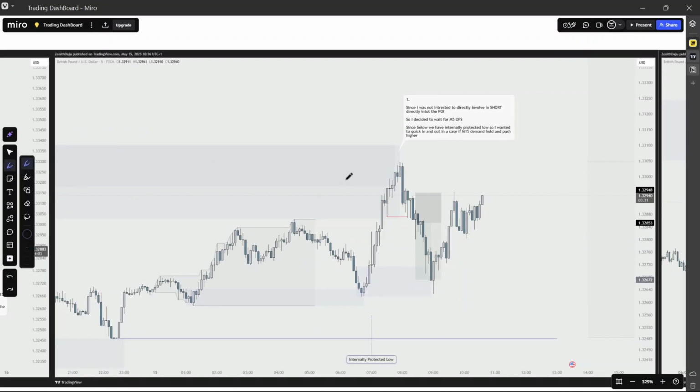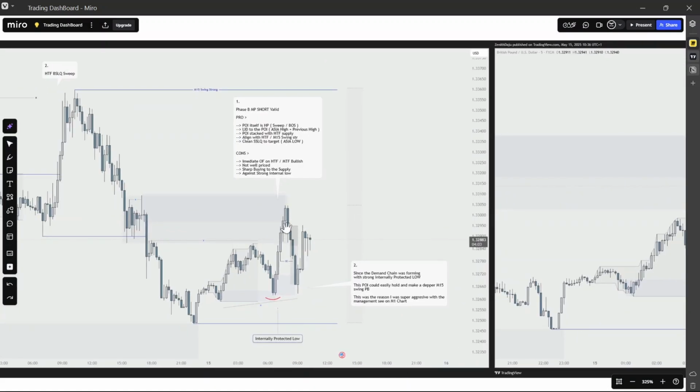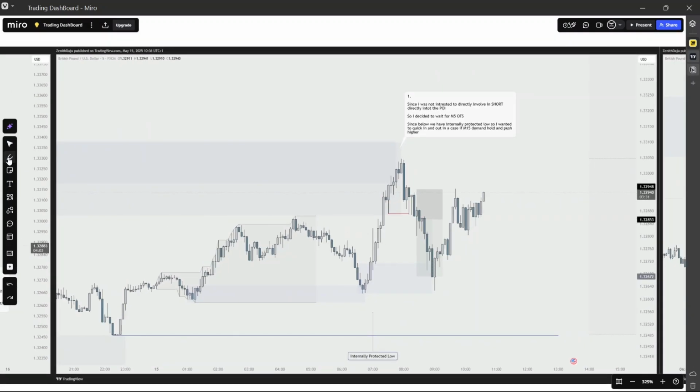Yeah, the most important thing I'll talk about on M5 was, as you know, on M15 there wasn't any sign of bearish change from this moment, because technically we have to wait for this low to be taken out. But we do have the M5 order flow shift.